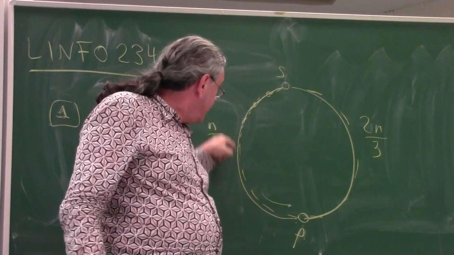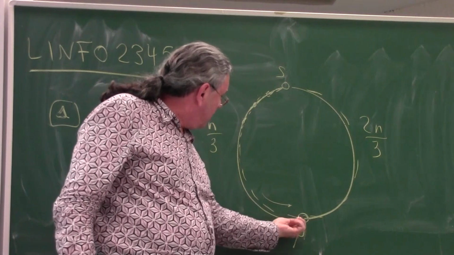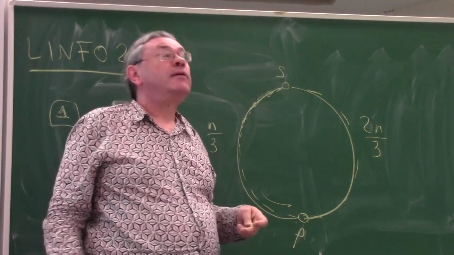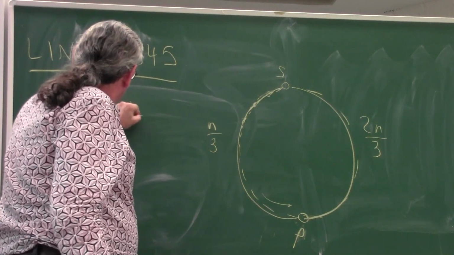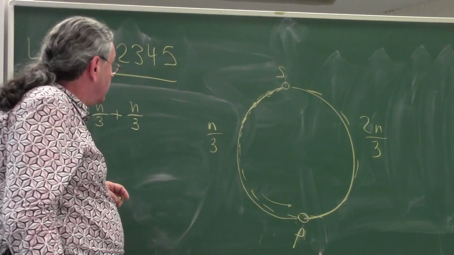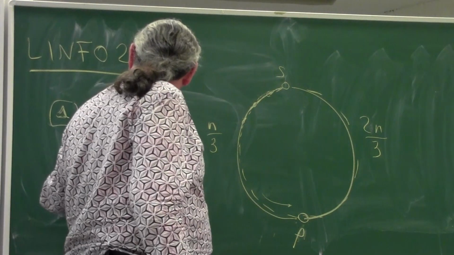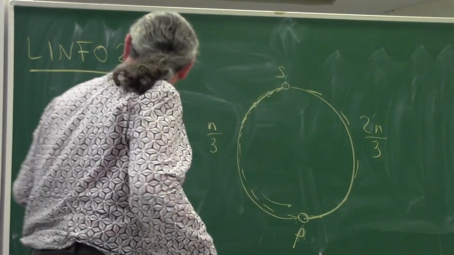So the A's take n over 3 going down, and then the B's will go back up this way. So this one will be n over 3 plus n over 3, right? 2n over 3. Notice that this is not going to go worse because of this one.